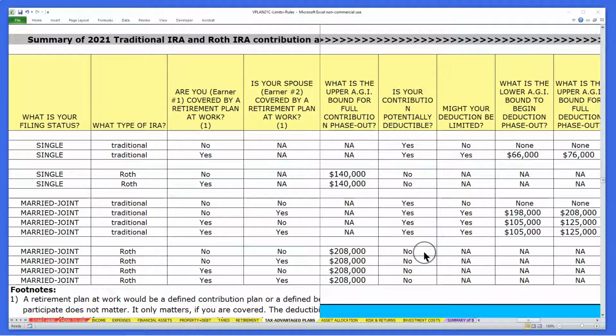In your tax return, the two spouses will file separate Form 8606s, which really means that they're essentially being treated as if they're individuals from the standpoint of whether or not they have a tax basis. So what happens is, in trying to determine the tax basis for Roth conversions, all that gets considered is the IRAs that are held in the name of one spouse. You don't end up pooling the tax basis across the traditional IRAs of both spouses.